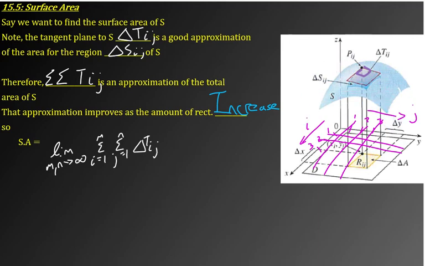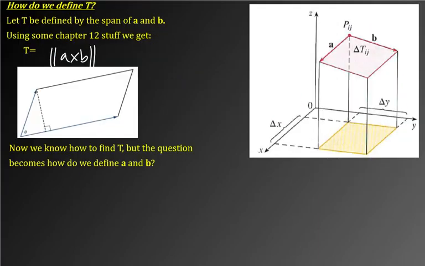So we talked about that idea there, and then we talked about, well, how do we even get this area approximation of these tangent planes? And that was a chapter 12 thing. The magnitude of A cross B is the area of the parallelogram that's formed by them. So like A being this thing and B being that thing. And so that became our go-to. We were like, okay, well, how are we going to get A and B?